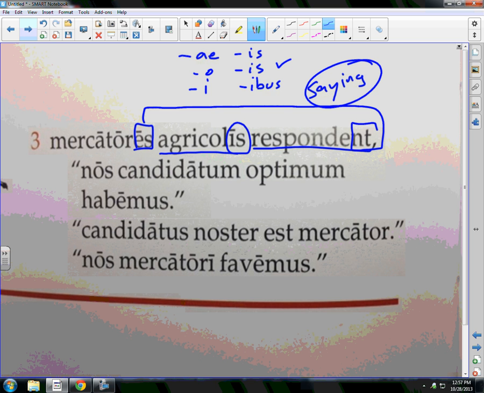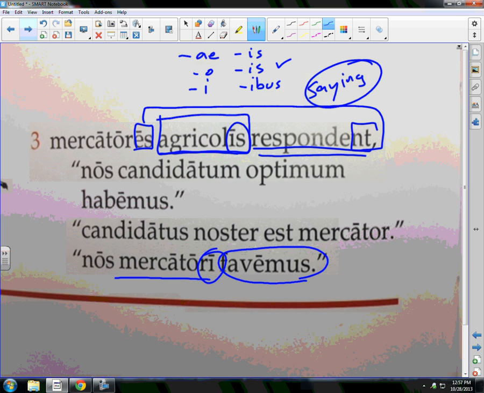So I have the merchants respond, and then to the farmers. Is that the only dative that we have? Nope. Look here. I'd be looking for a dative there too. There it is.